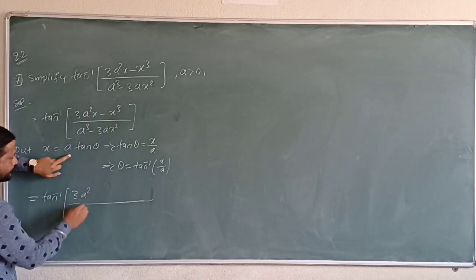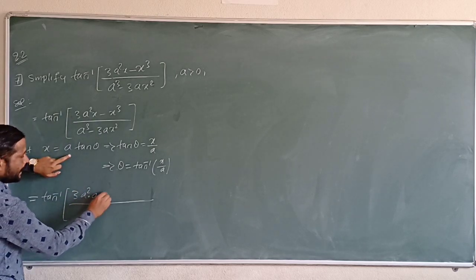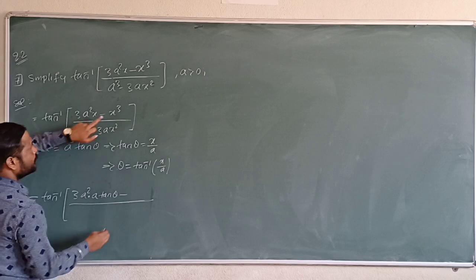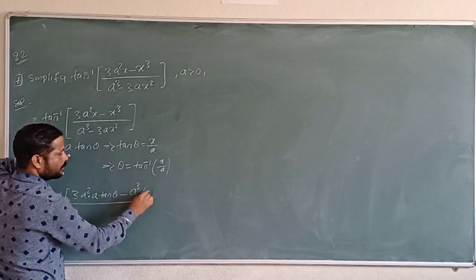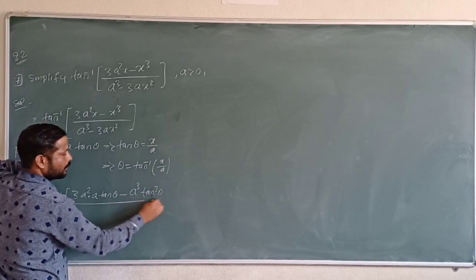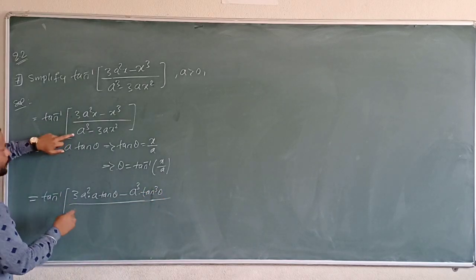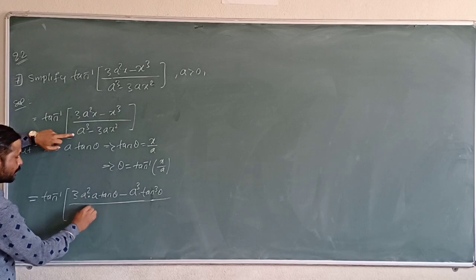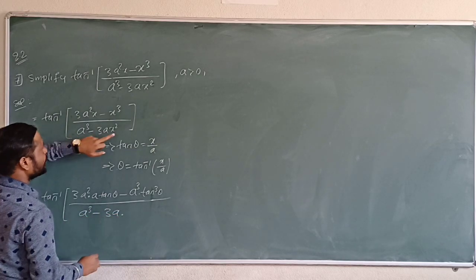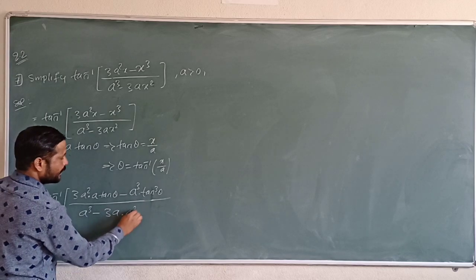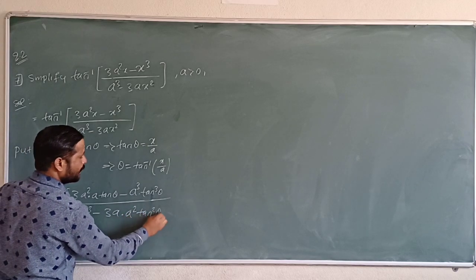x meaning a tan theta, minus x cube meaning a cube tan cube theta, divided by a cube as it is, right down here, a cube as it is, minus 3a as it is into x square meaning a square tan square theta.